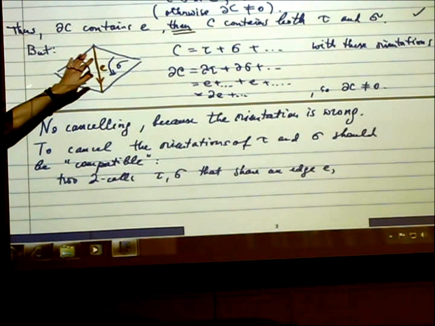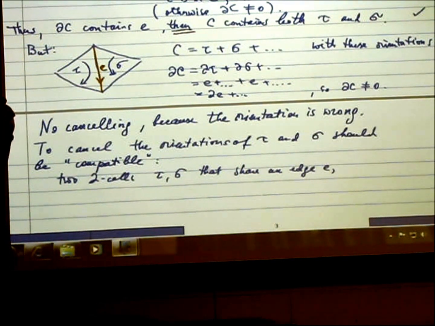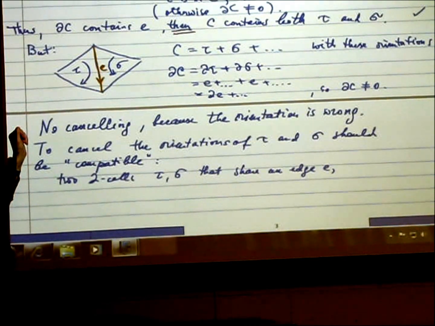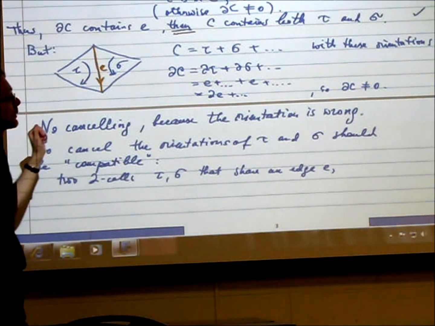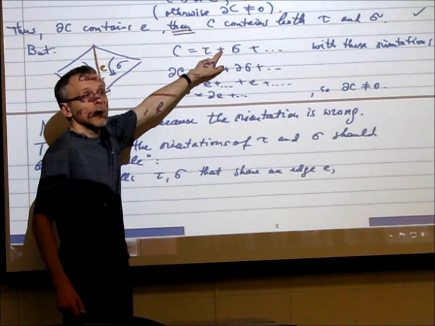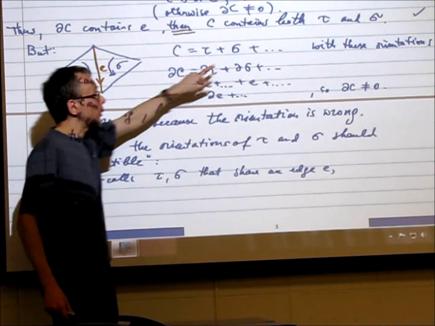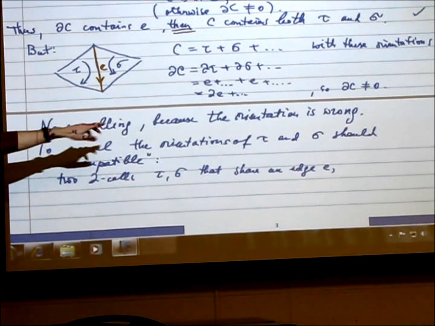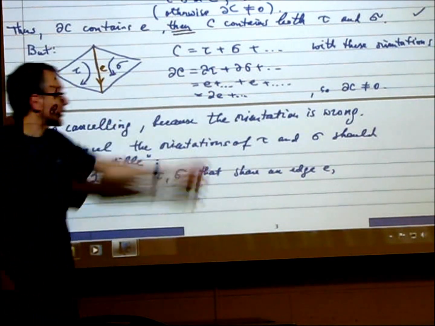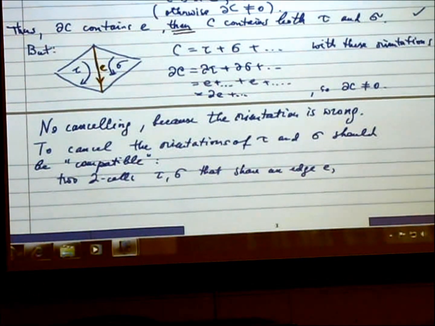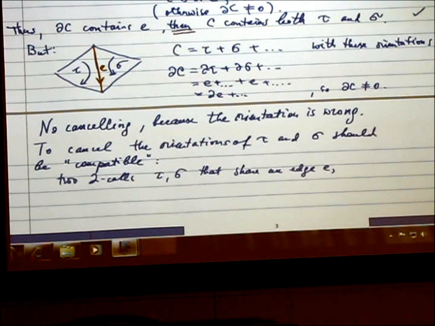How do we make C a cycle? It's very simple. I'll put the minus here. So with these orientations, C is not a cycle.